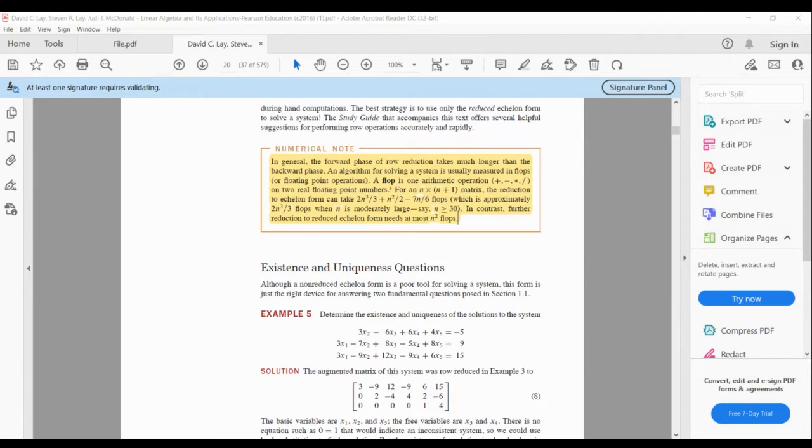And what can computers do? When you get down to it, computers multiply, divide, add, and subtract. Those are the operations that go on in a computer, and so we use those to do our row reduction.